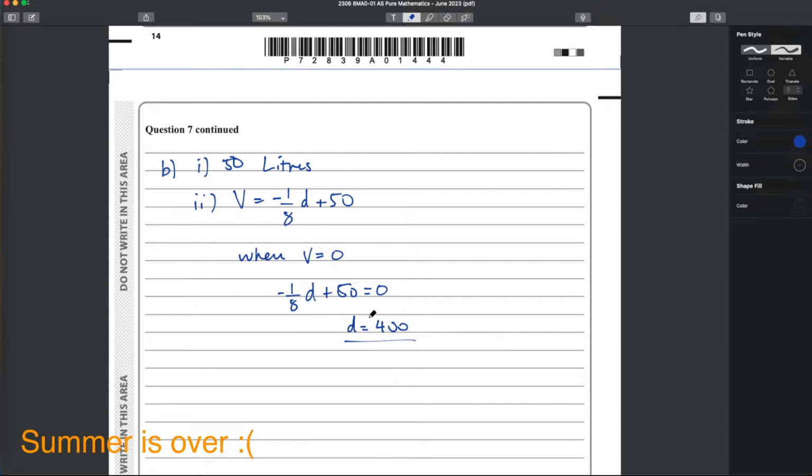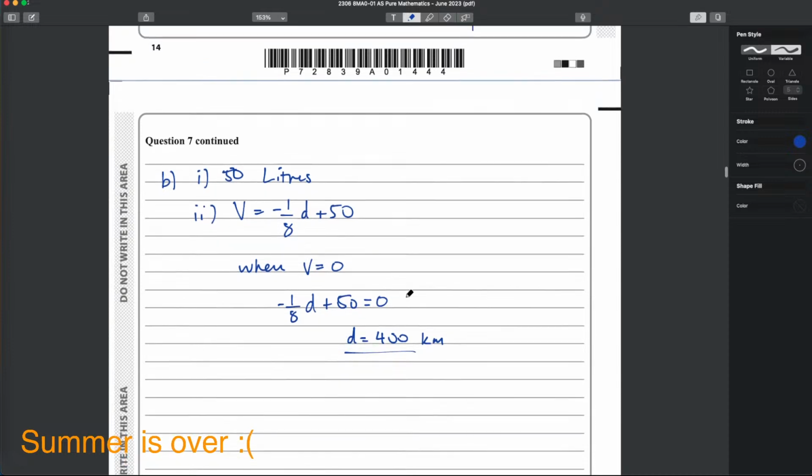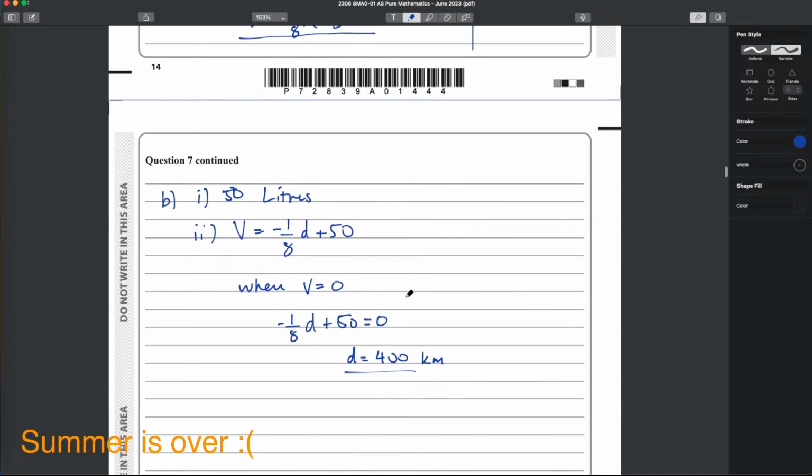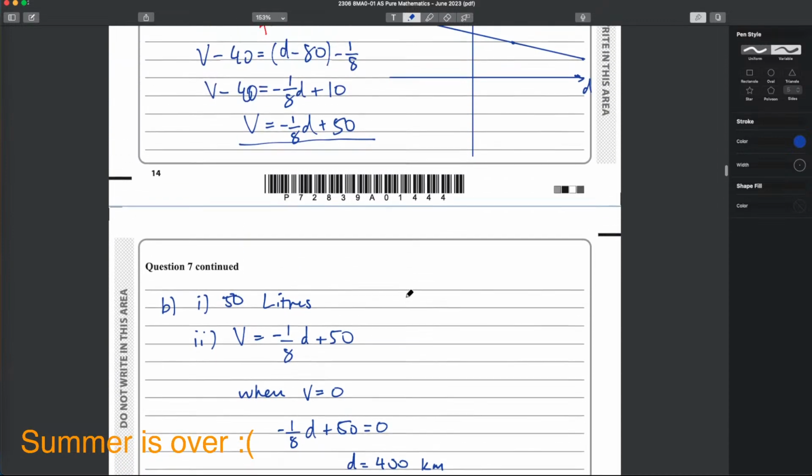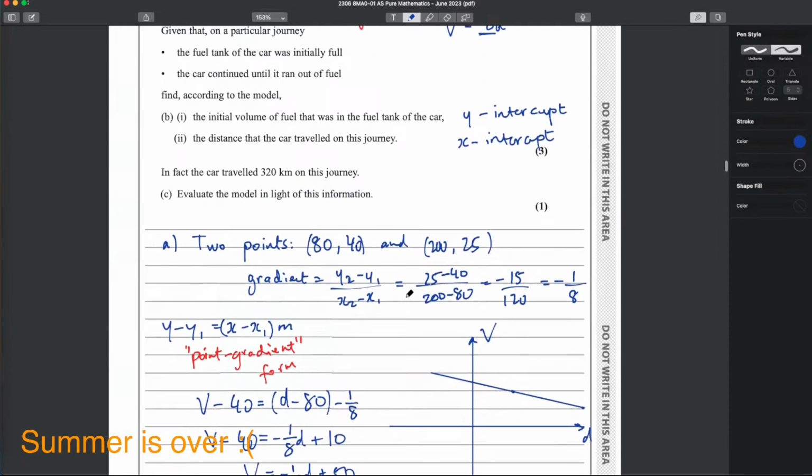Okay. That was the number we were getting before for the size of the tank, but that's actually how far they traveled on one full tank. It's not very efficient, to be honest. Most cars are much more efficient than that. You can get up to 600 or 700 kilometers with an economic car with 50 liters of fuel.